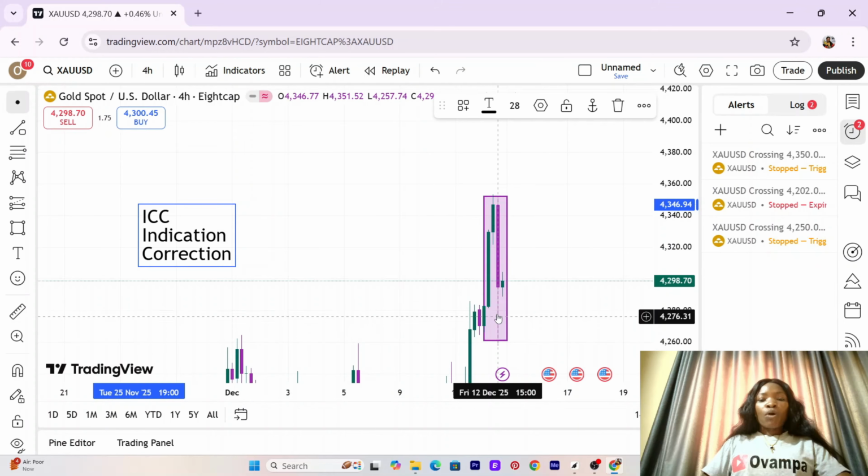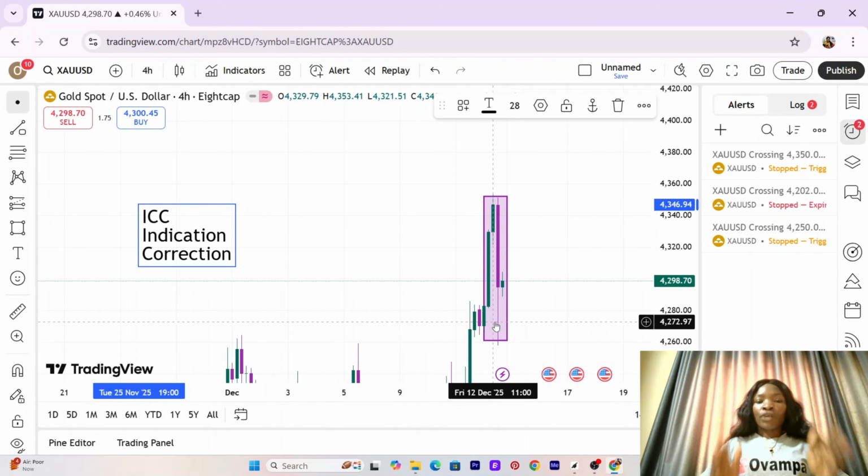That moment when it is pulling back down, that moment that the bias has been overpowered and is coming down, is called a correction. So you don't make your entry, you don't place a buy or sell during a correction, because we are focusing on buying. So let's be talking about buys.